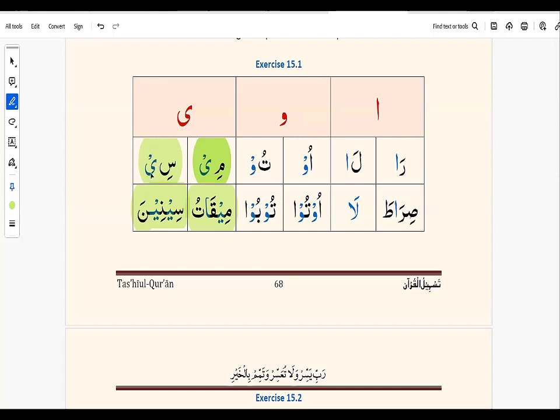So we need to remember, if there is Ya Sakin, we look at the consonant before it, which is seen, and then we look at the sign on seen, which is kasra. This is how we identify what we're doing. So we're doing Ya Madiyya.